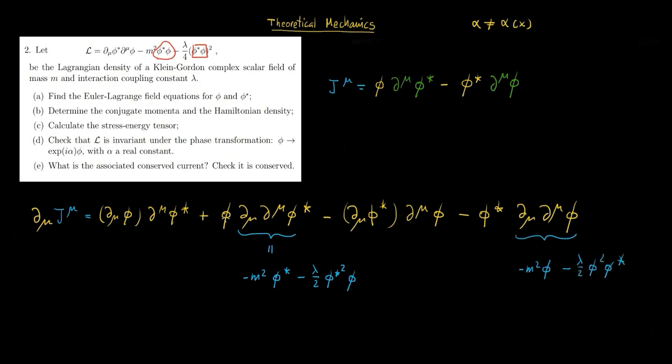So if we multiply this term by phi and this term by phi star, we see that this times this is the same as this times this, and this times this is also the same as this times this. So here we have a plus, a minus, so this term cancels with this term on shell.